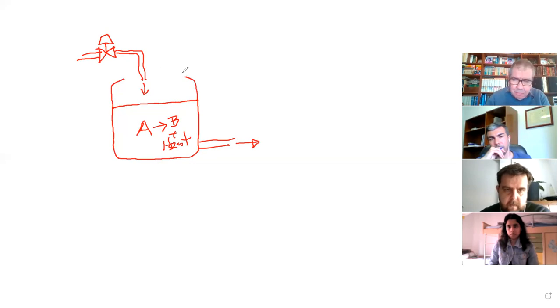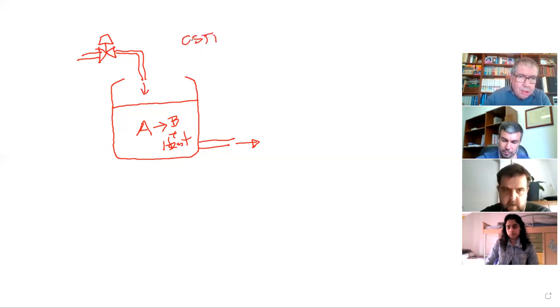If you have a reactor that is stirred completely so that it is homogeneous, you are continuously inputting something, and you have a tank, this has a classical name: a continuous stirred tank reactor, CSTR.